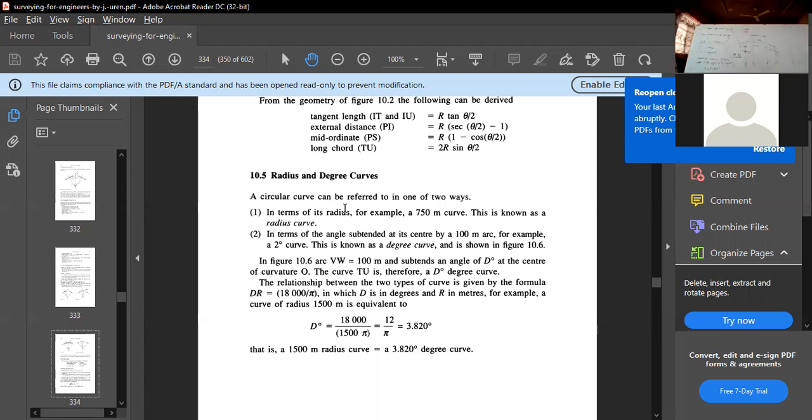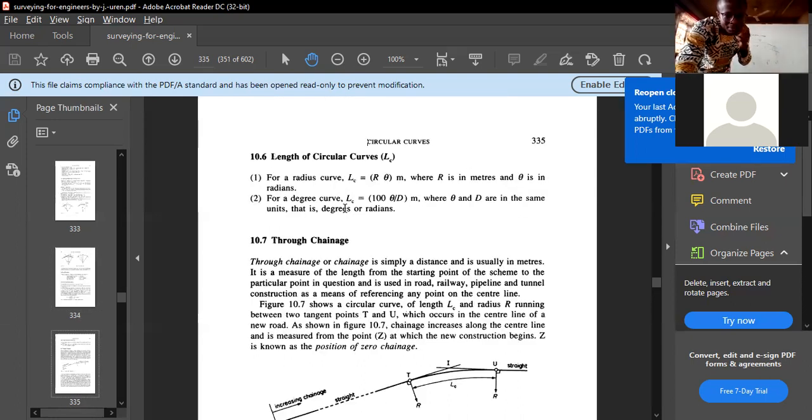I got 3 point something. 3.819. So how come we are getting all these values? You change it.